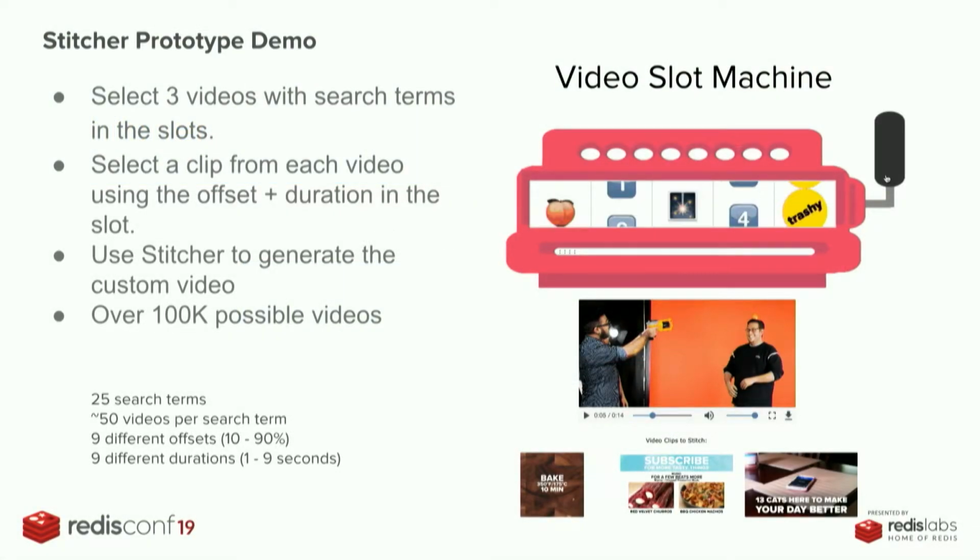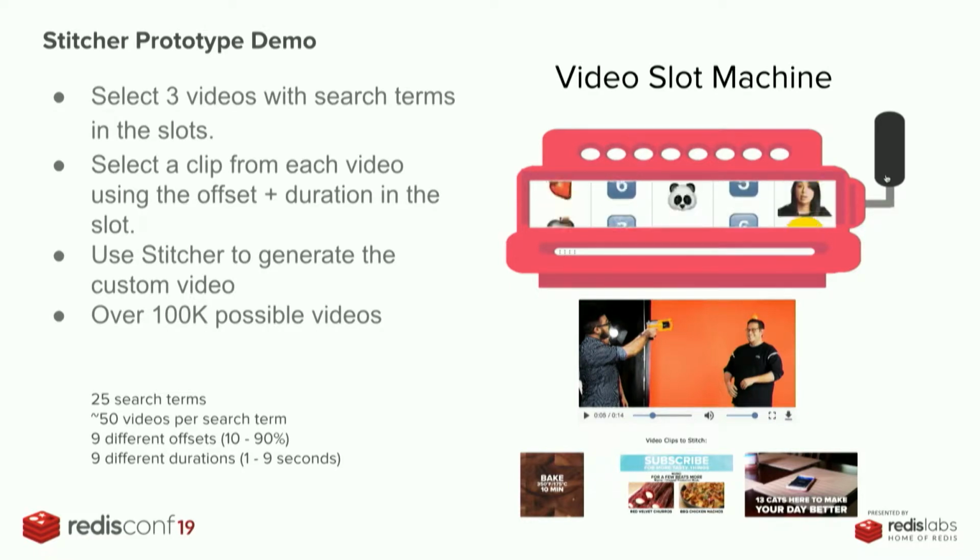As a demo, we created something called Video Slot Machine. This was a Hack Week project to demonstrate the capabilities and the potential of programming the ability to create videos on the fly.